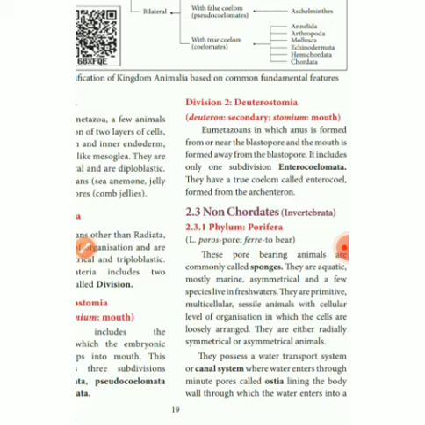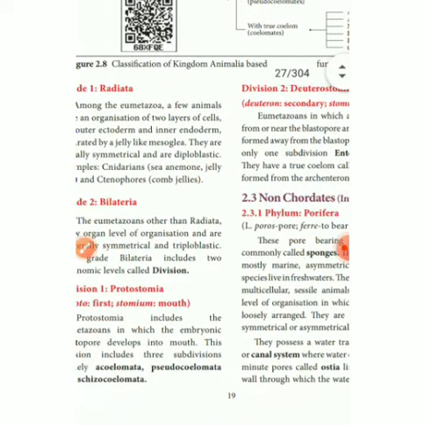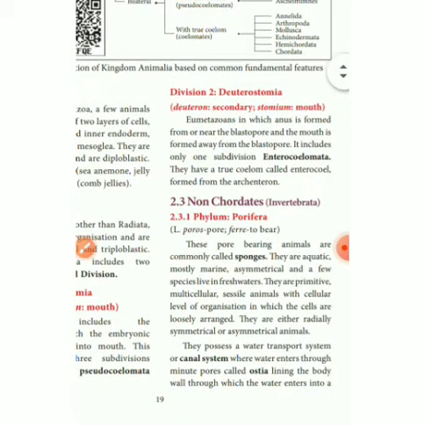Animals with a common single opening for both anus and mouth are called Protostomia. Where the anus is different and the mouth is different, with two openings, that type of animals come under the division called Deuterostomia.